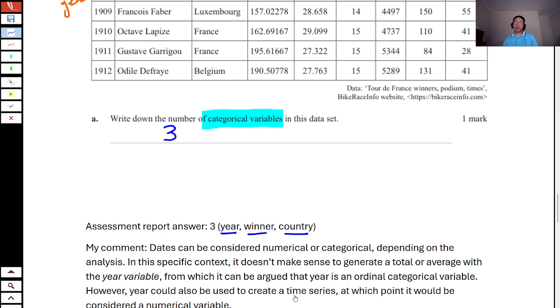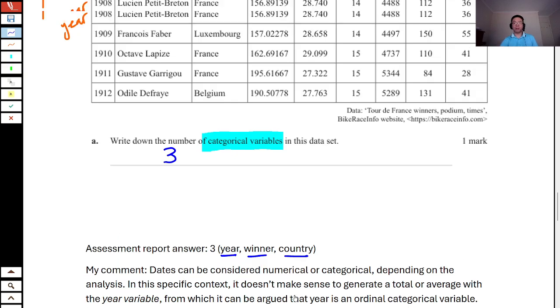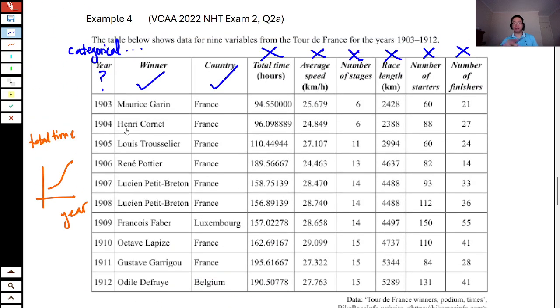So, the reason why I've covered these two examples is because I think a lot of students would look at the year and see, oh, it's a number, so it must be numerical. But just note, historical precedence in VCAA exams has tended to favor the categorical classification.